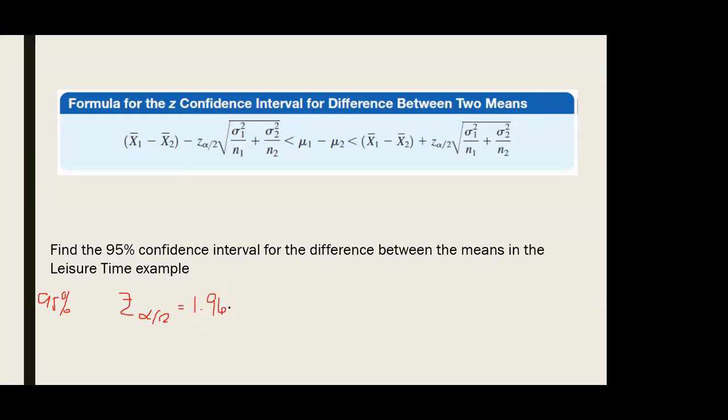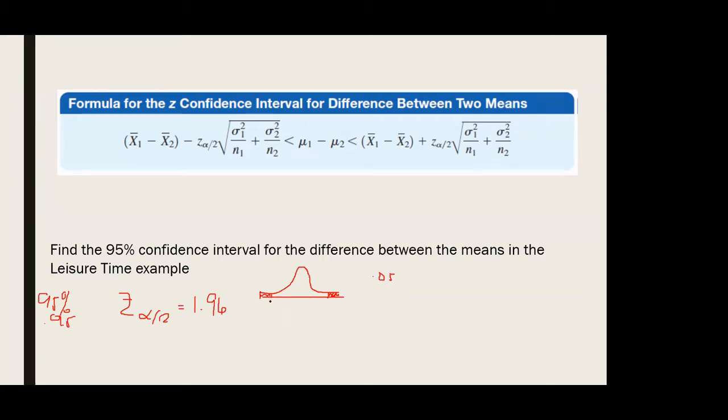So where does this come from? It comes from the normal distribution, such that the area here plus the area here must total to 0.05, because this can be written as 0.95, right?